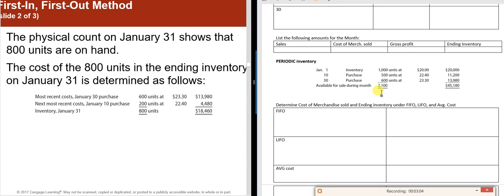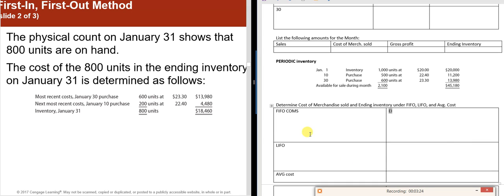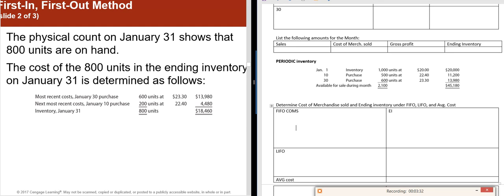So under FIFO, first in, first out. Remember, I computed that I sold 1,300. So right over here, this is cost of merchandise sold, cost of goods sold, and this is going to be my ending inventory. I sold 1,300, so I want it to add up to 1,300.